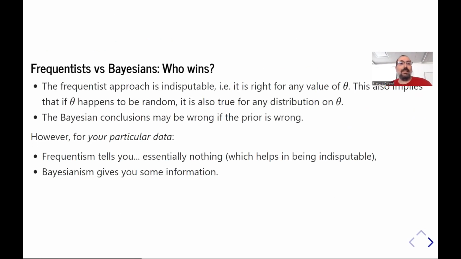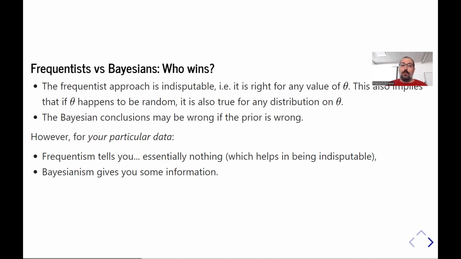So who wins in the end? Like I just said, the frequentist approach is indisputable in the sense that you don't need to make any assumption. Whatever the true value of theta, they're right in saying that their procedure will say something true with a probability of 95%. As a side note, if theta happens to be random in real life, they are also right, just by linear combination of the probabilities.